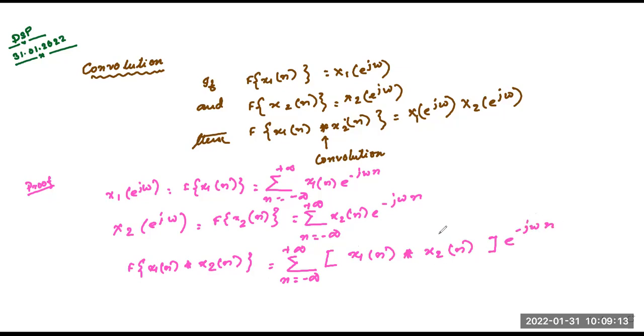That is equal to the summation of n equals minus infinity to plus infinity, into the summation, omitting the convolution, of m equals minus infinity to plus infinity, x1[m] into x2[n minus m].